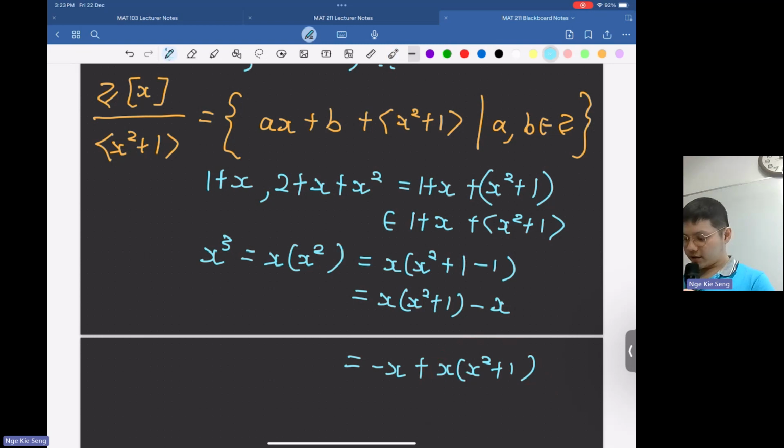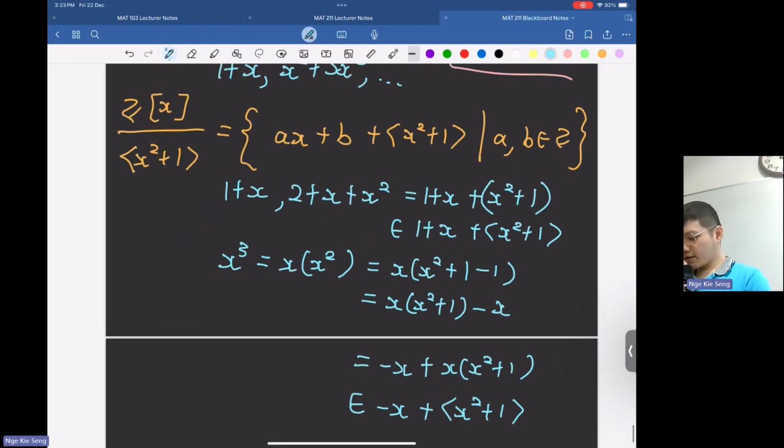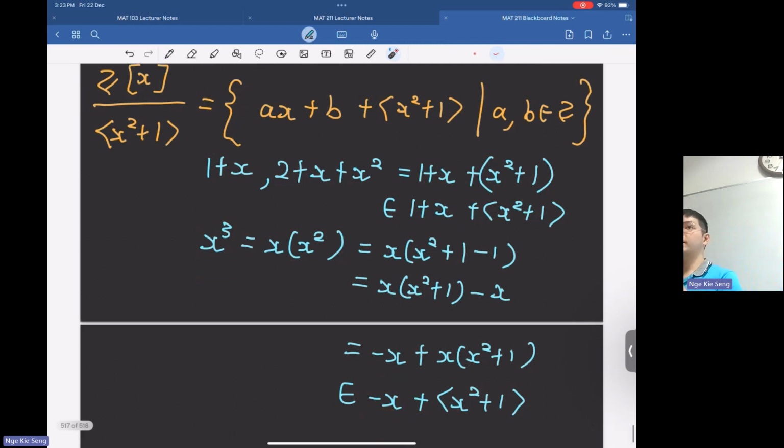So this means that this element is living in the coset of minus x plus the ideal generated by x squared plus 1. So x cubed is living in the same coset as minus x. Under this quotient ring, x cubed is the same as minus x.